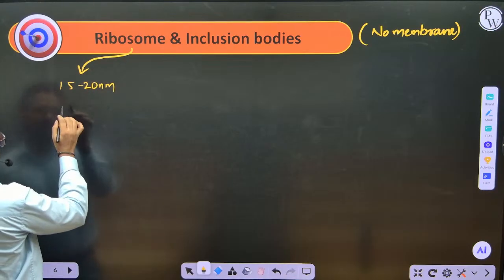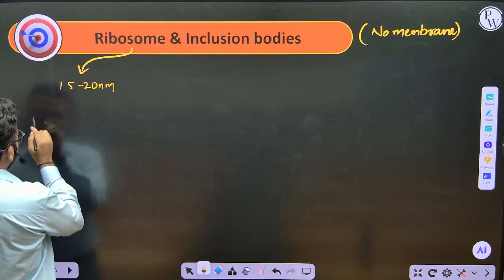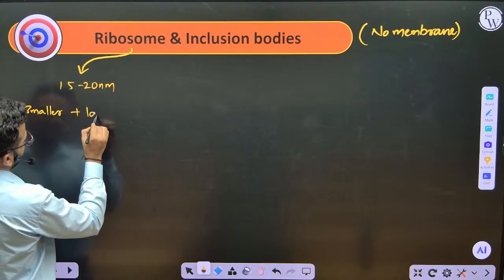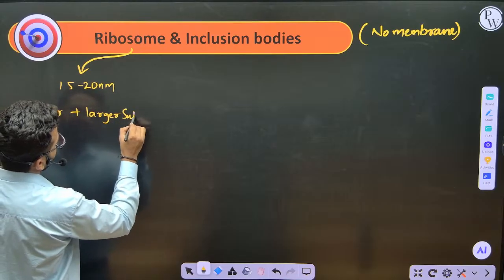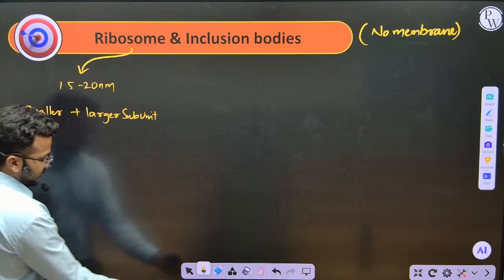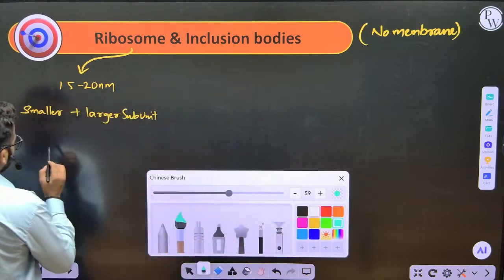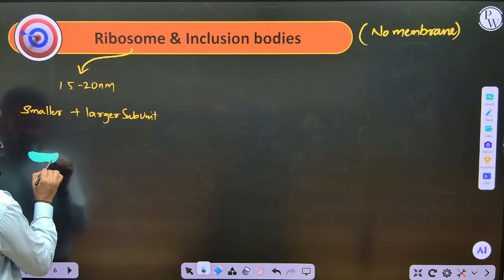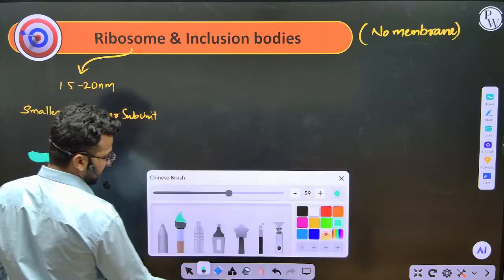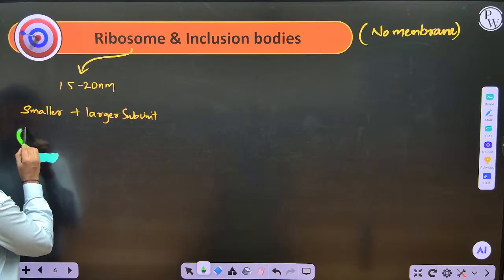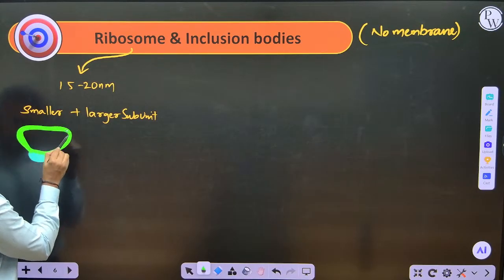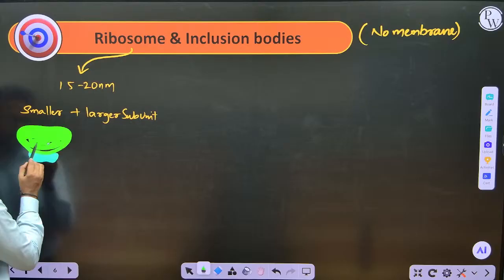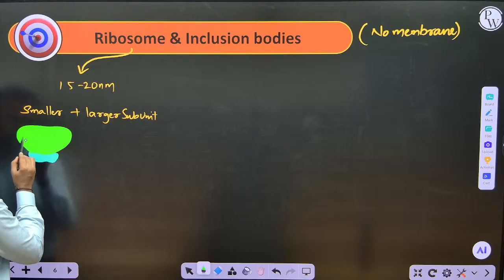The ribosome is made up of two subunits, a smaller subunit and a larger subunit.